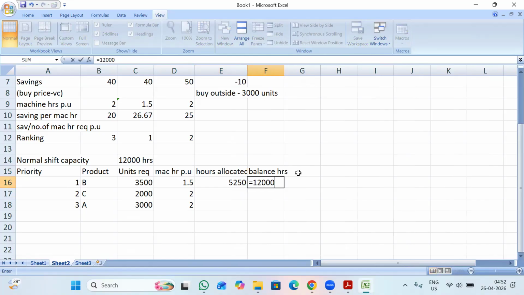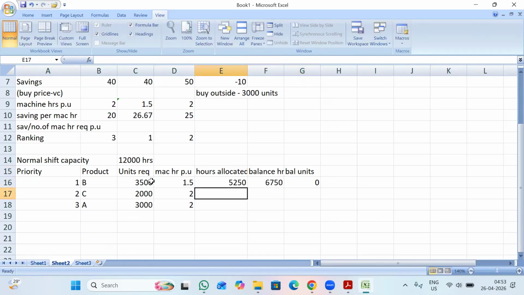I'm having a total of 12,000 hours, of which 5,250 are spent producing B, so I'm left with 6,750 hours. I can manufacture the entire 3,500 units, so there are no balance units to buy outside.